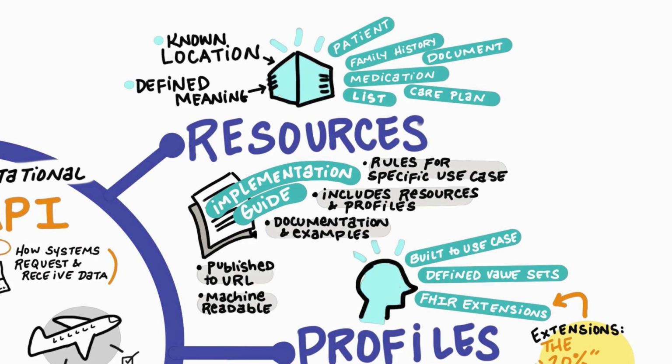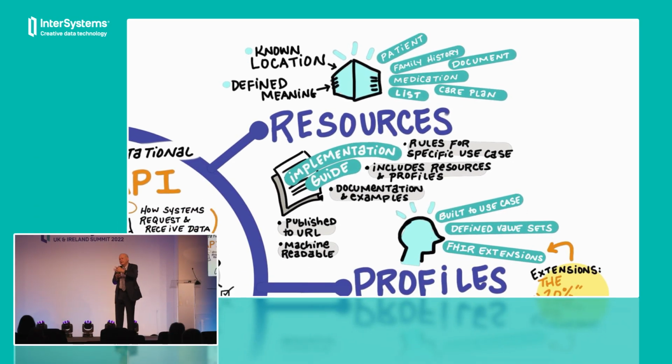But the fact that there is machine readable content there means that when you use that implementation guide and create an application, it can be validated for compliance with those FHIR profiles and value sets to assure that it's going to be interoperable with other applications using that implementation guide.